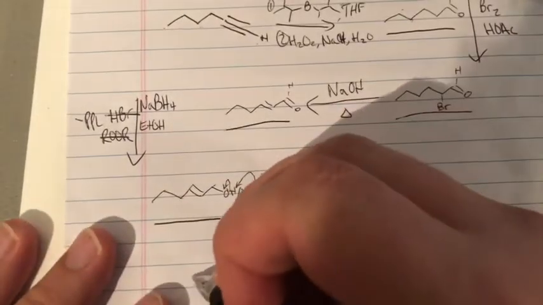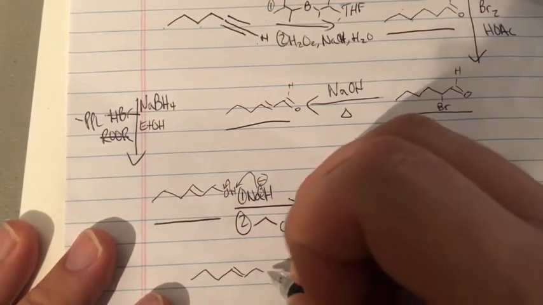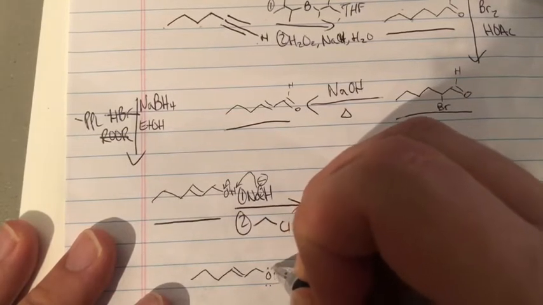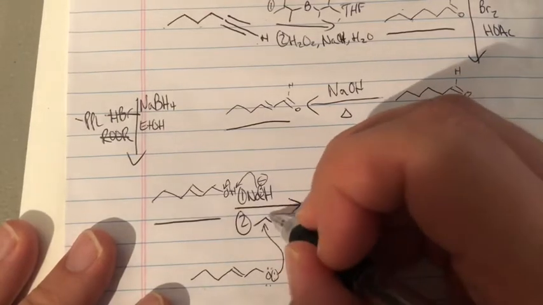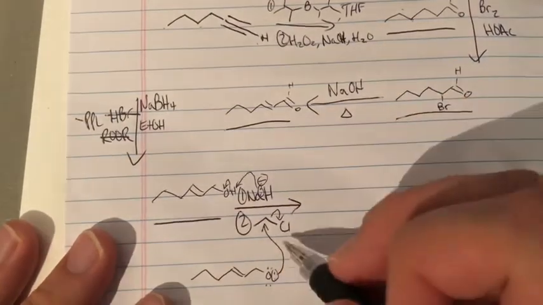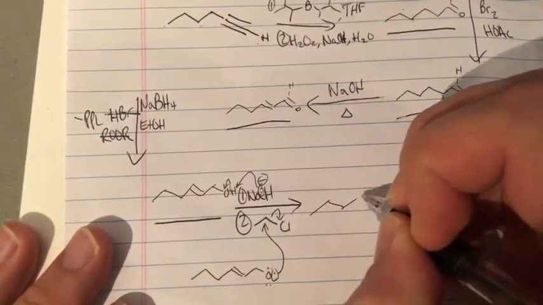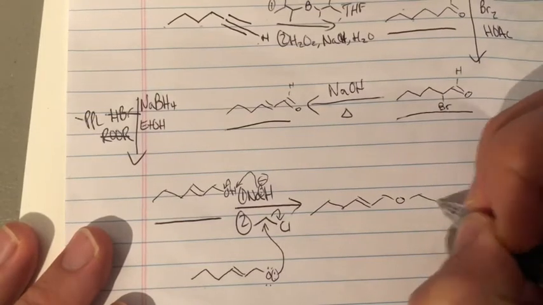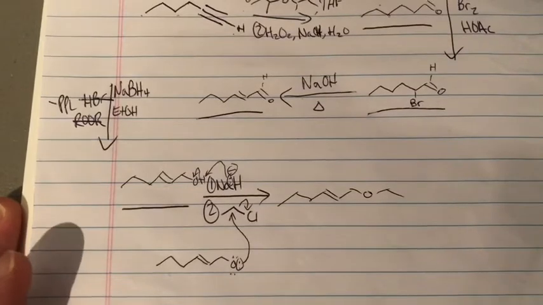Okay, so now that we have our nuke, which is irreversible, it's going to now perform an SN2 with that chloro group. And then you're going to form this ether. Voila, it's all done. That's all you need to know for electrophilic addition.